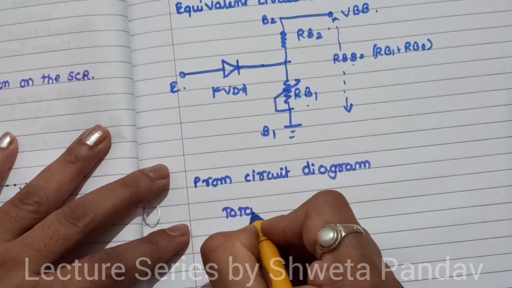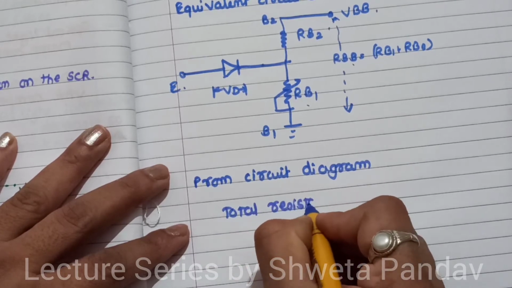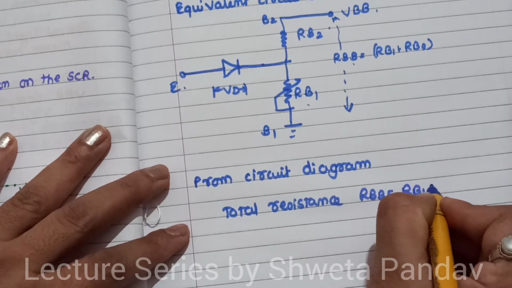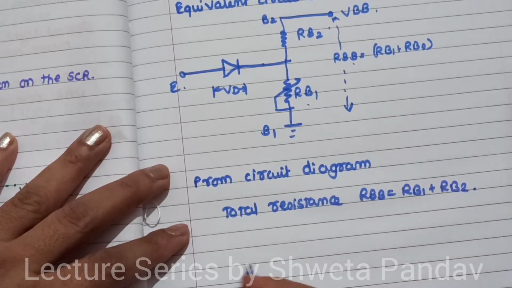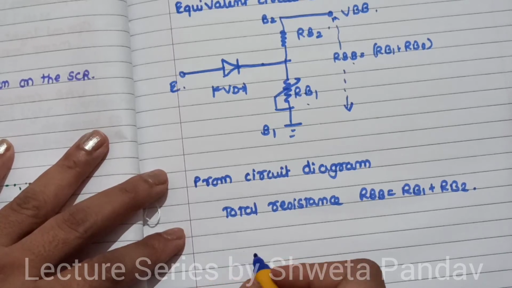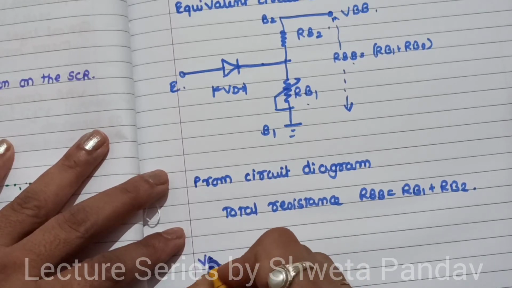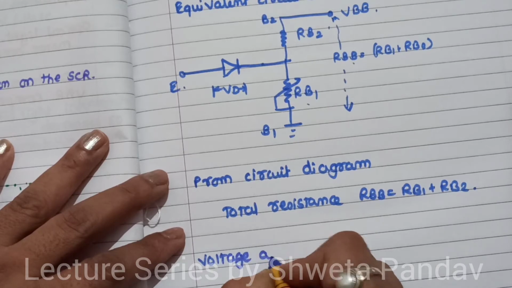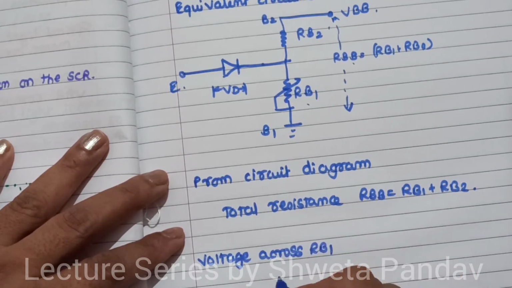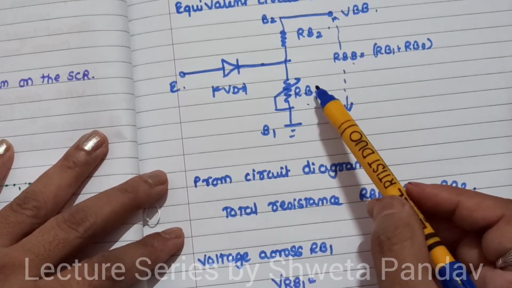The total resistance RBB is equal to RB1 plus RB2, and if I want to find the voltage across RB1, we can apply the voltage divider rule here.